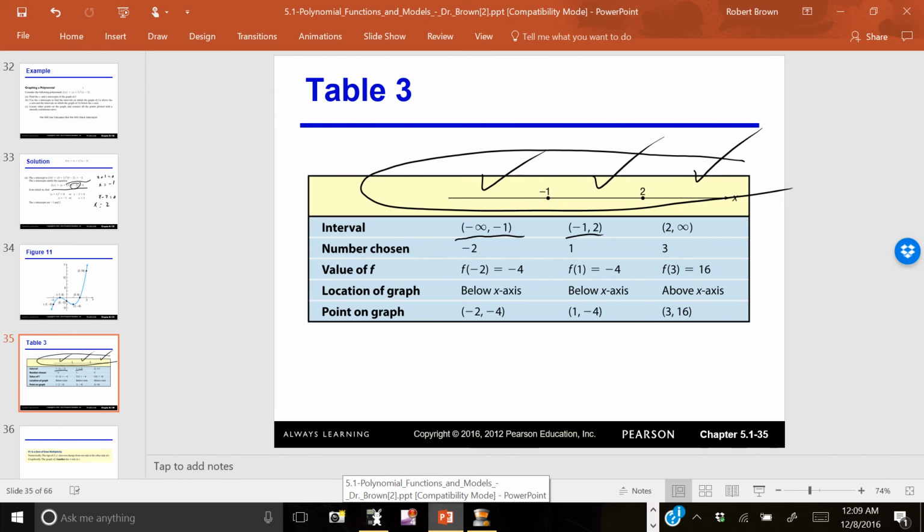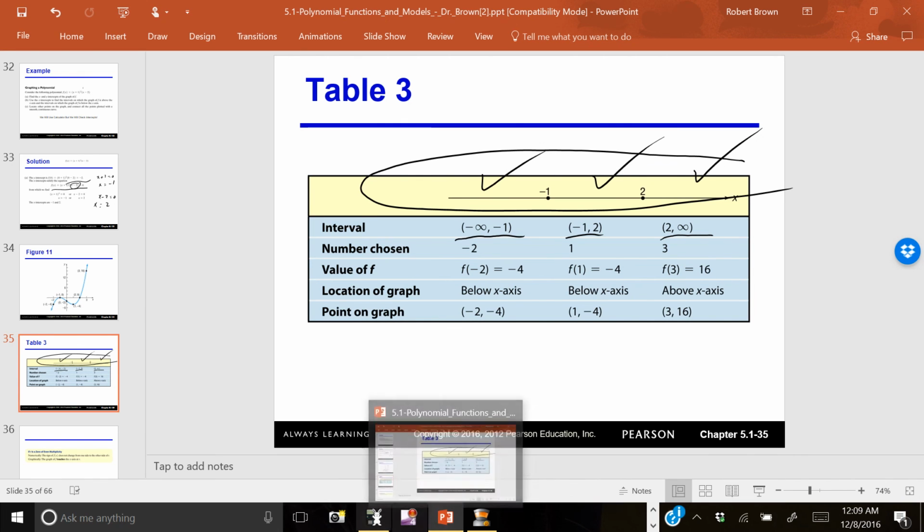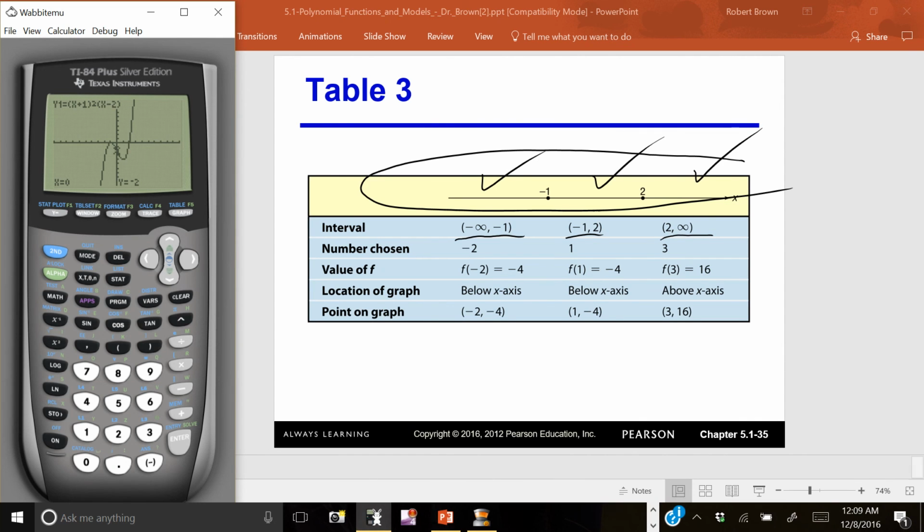And the third interval is 2 to infinity. Looking at the graph, the first interval is below the x-axis. The second interval is below the x-axis, minus 1 to 2. And the third one is above the x-axis just by looking at the calculator.